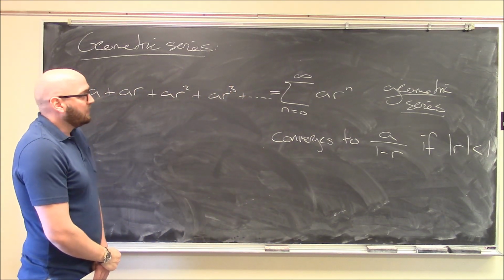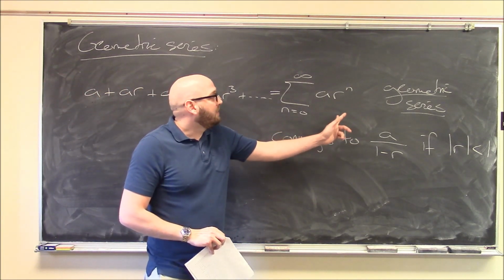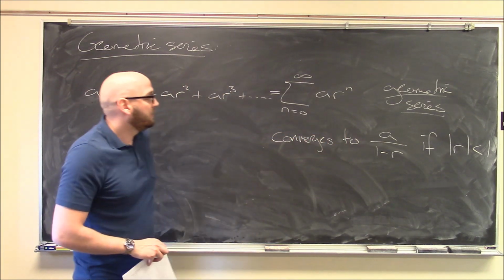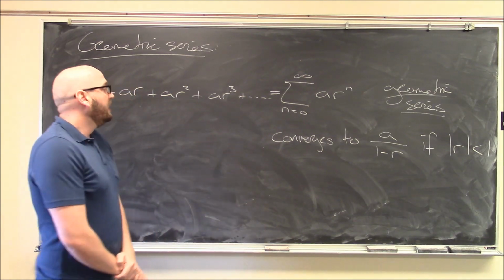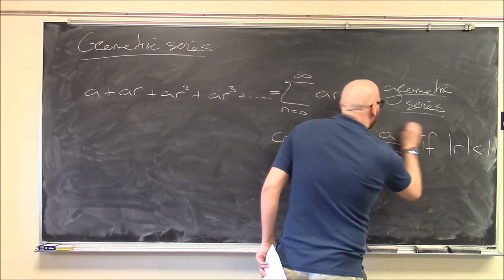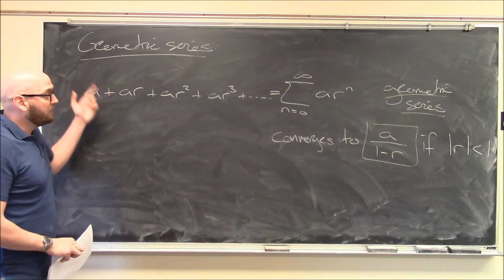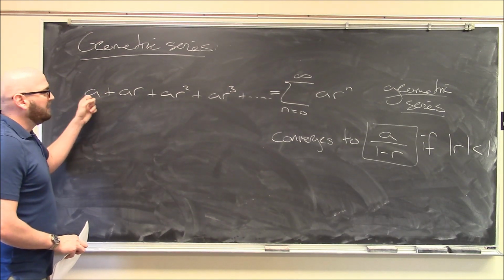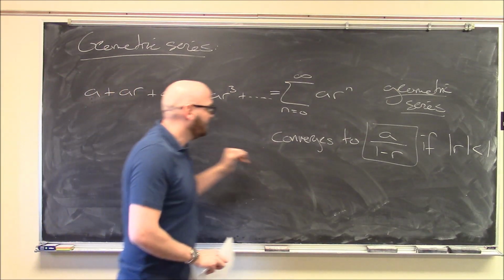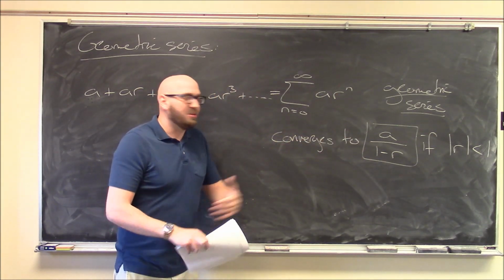Alright, so that's all you need to know. All you have to do is check r. If the absolute value of r is less than 1, so strictly between minus 1 and positive 1, then it converges. And it converges to this value, a over 1 minus r, where a is the first term in the series, sorry, not the sequence. The first term in the series, and r is this geometric multiplier, right?